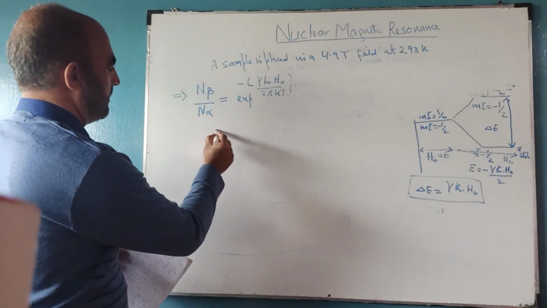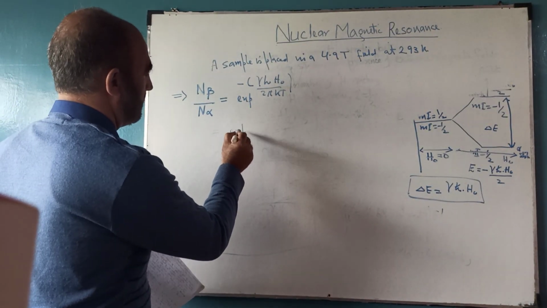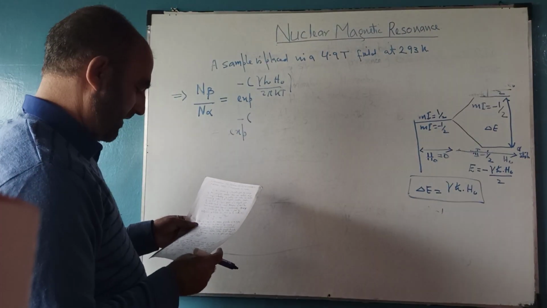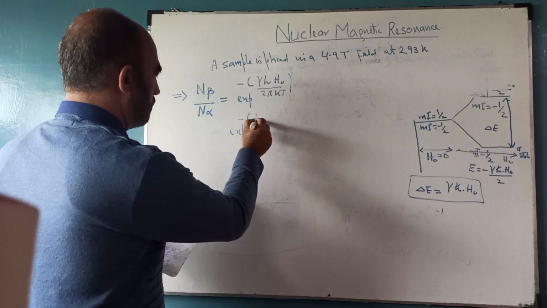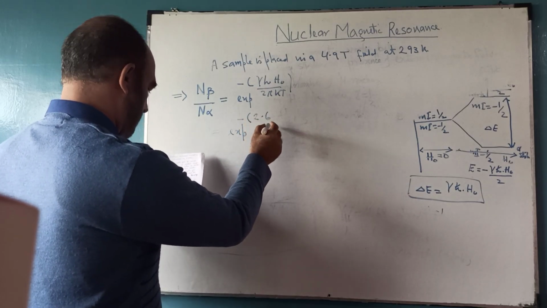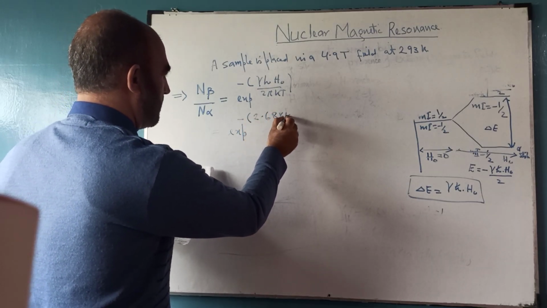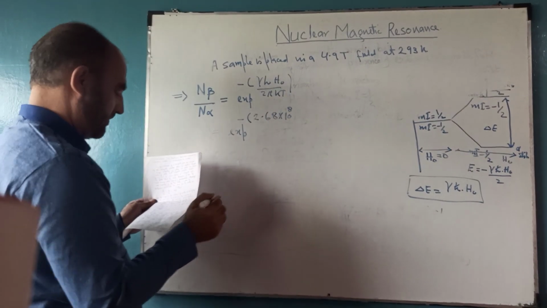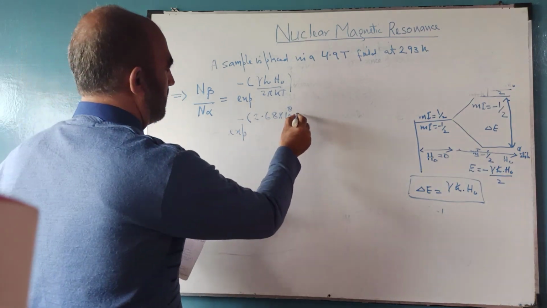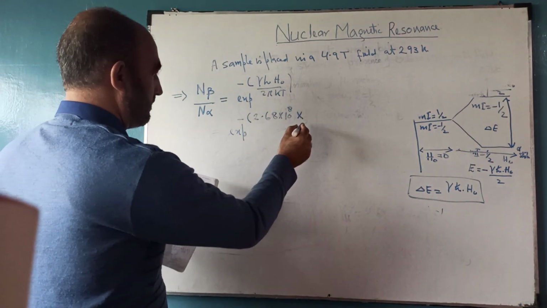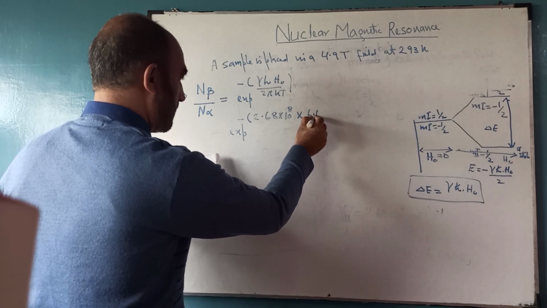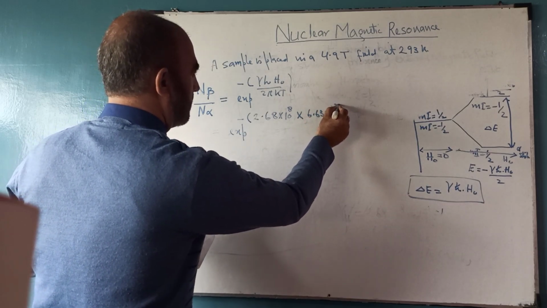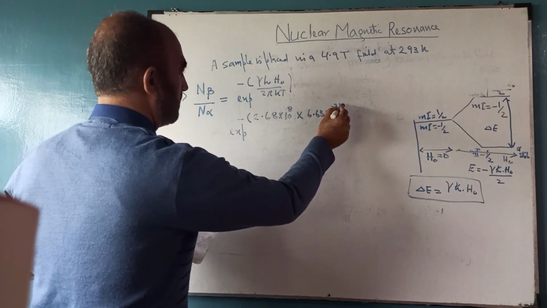So that will be equal to exponential minus, where gamma has the value 2.68 into 10 raised to power 8 radians per Tesla per second. Then Planck's constant is 6.63 into 10 raised to power minus 34 joule second.